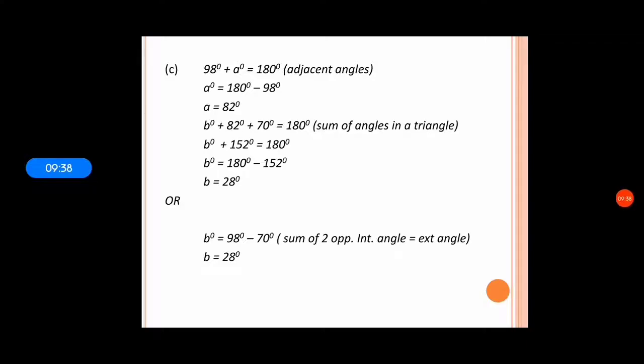So our B will now be 98 degree minus 70 degree, and we'll get our B to be 28 degree. We will arrive at the same answer no matter the method we use. You can see that the value we got for B using the sum of angles in a triangle is also the value we got using sum of two opposite interior angles equals to exterior angle.